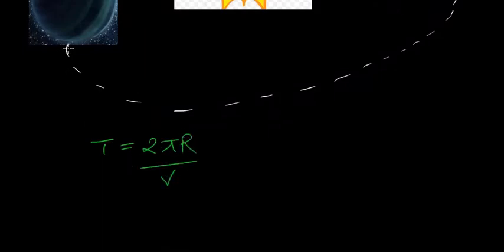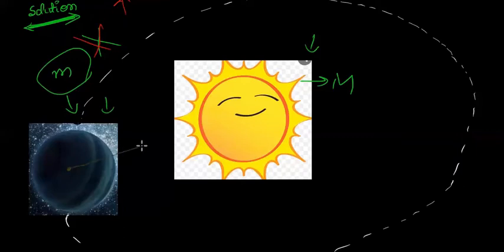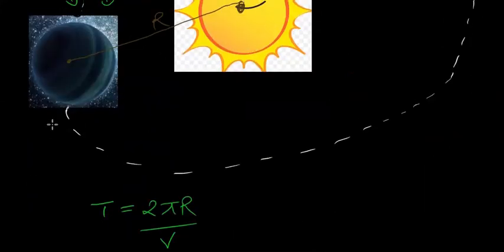Suppose it's revolving around this sun in a circular orbit of radius r from the center. This is the center, so from this center to the planet is our radius, the circular track's radius.